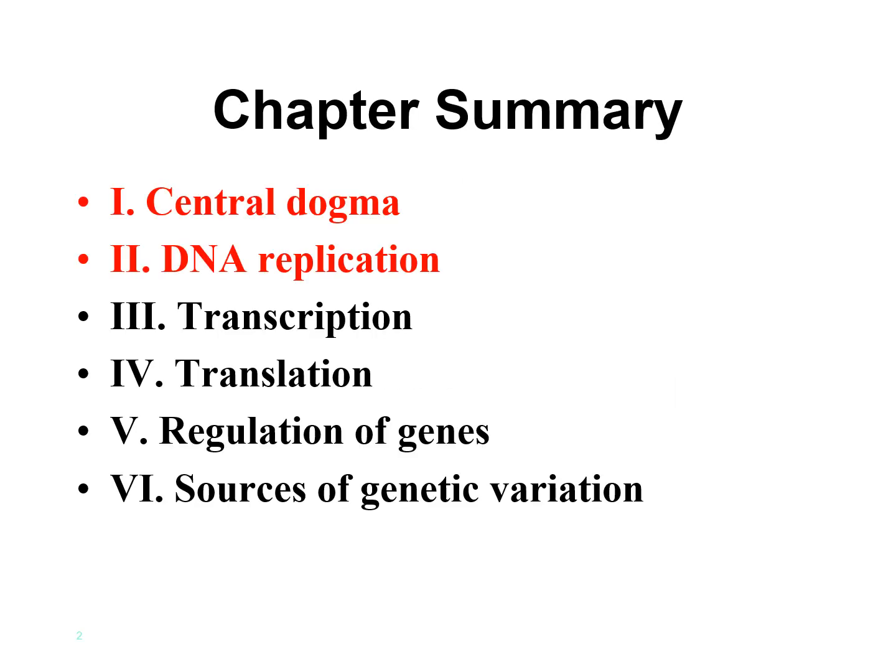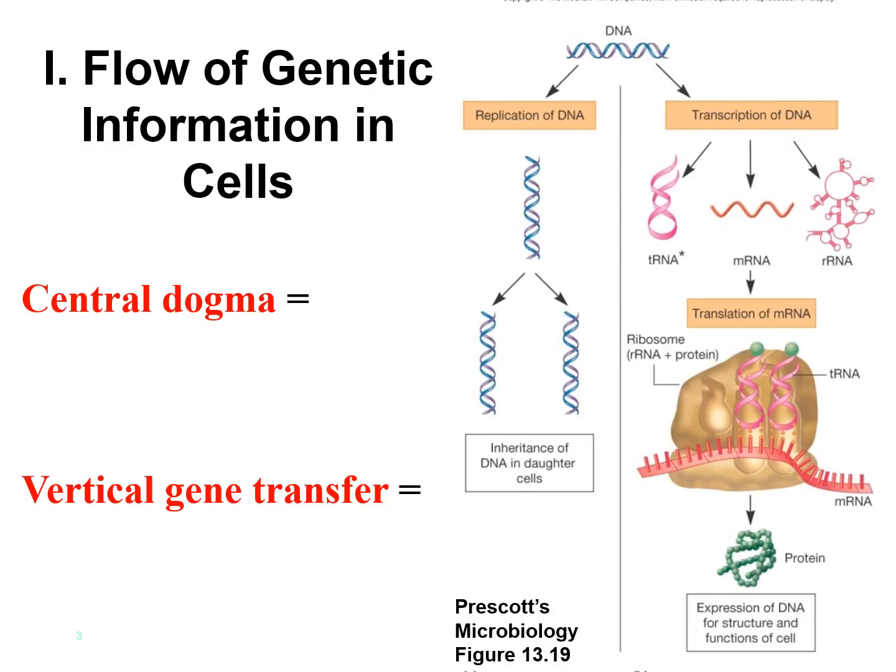We're going to take a look at DNA replication in this lecture. There's actually two ways that genetic information can flow in cells. So we have the central dogma and also vertical gene transfer, and we've talked about both of these before.